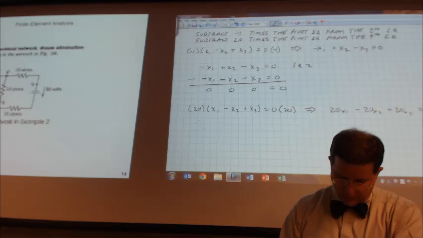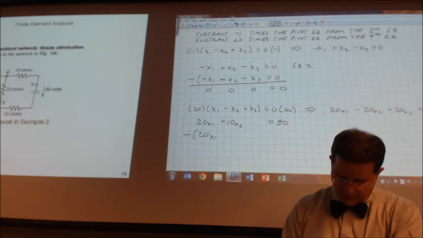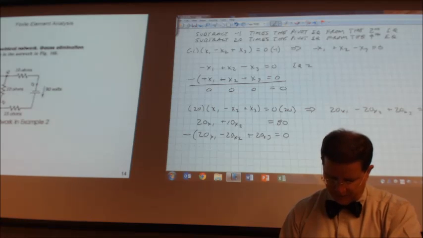It was 20x1 plus 10x2 equals 80 minus 20x1, well, I should probably write that just so we keep it straight, minus 20x2 plus 20x3 equals 0.